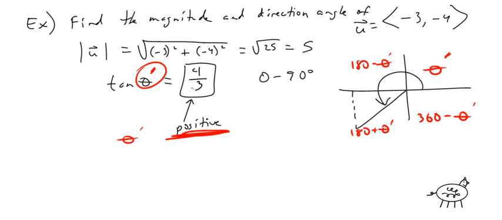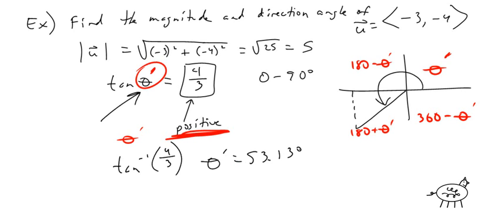All right. So theta prime is, of course, the inverse tangent of positive 4/3. That's how I solve for theta prime. I get theta prime is equal to 53.13 degrees.